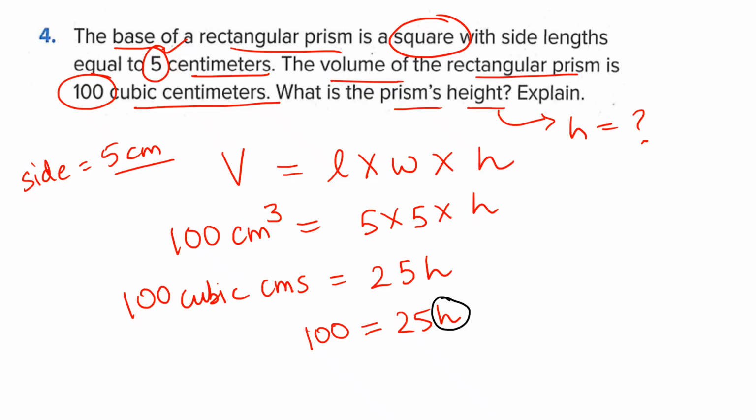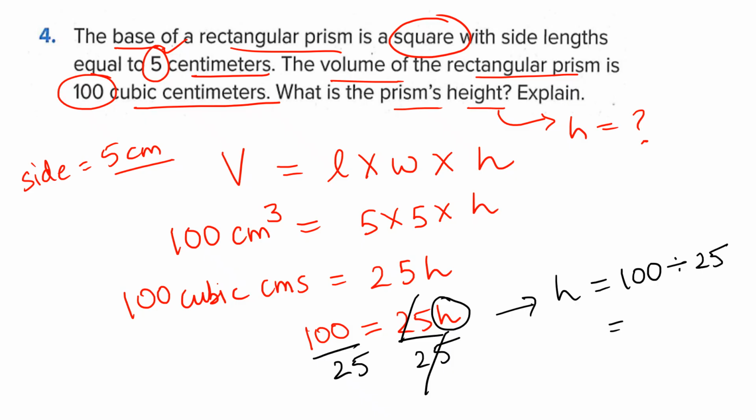We want h. So I want to remove this 25. How do I remove it? Divide both sides by 25. So 25, 25, gone. H is 100 divided by 25, and that's 4. So what's the height for this prism? It is 4 centimeters. That completes the important question.